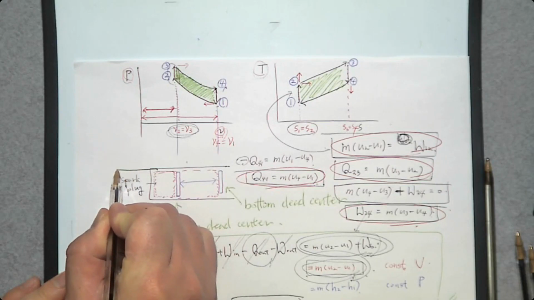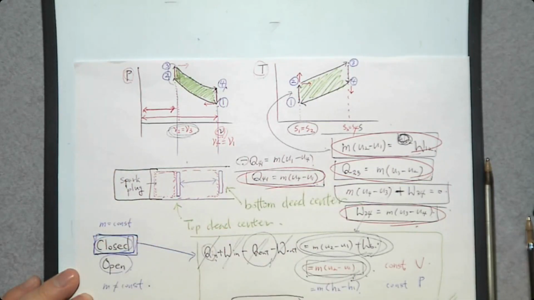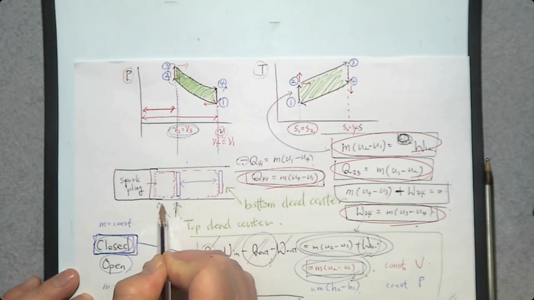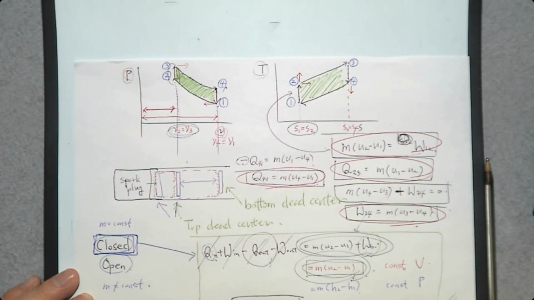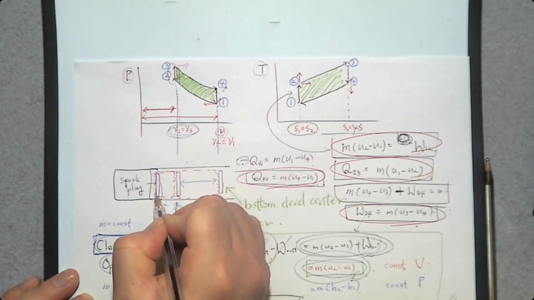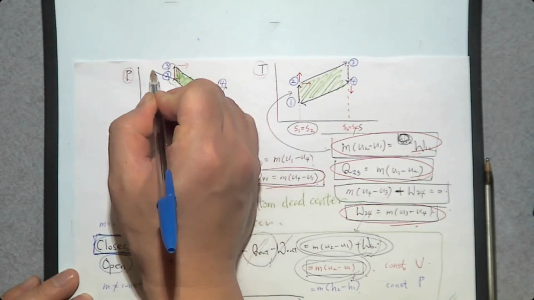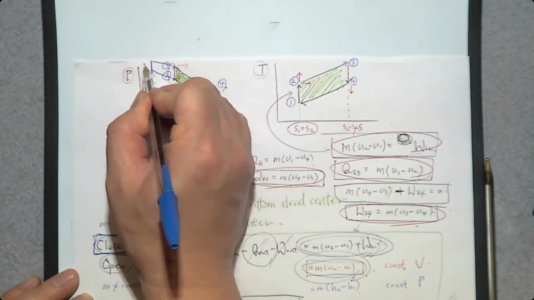Make this cylinder longer than this one and move this top dead center to the left, let's say up to here. If you move this top dead center up to here, then the new number 2 and 3 is going to be placed right here, 2, 3.